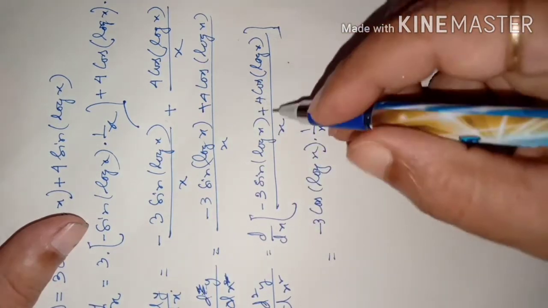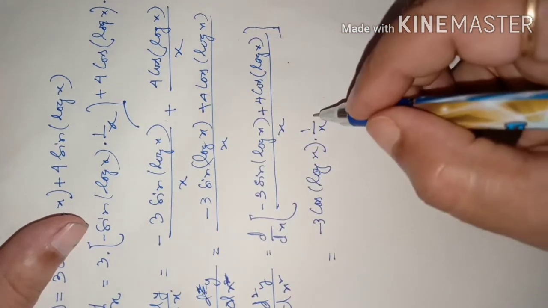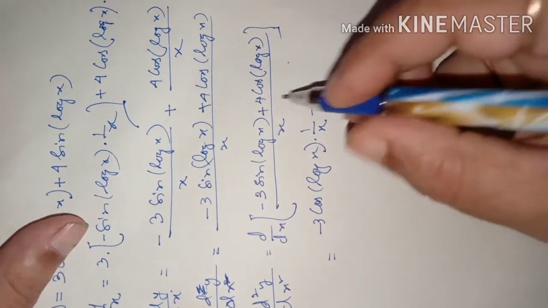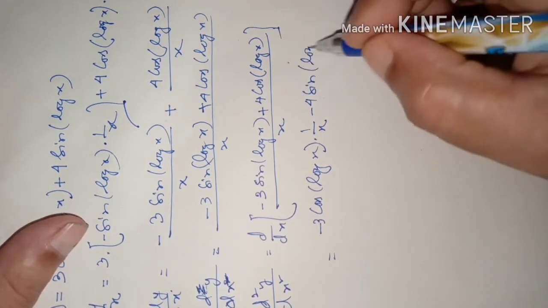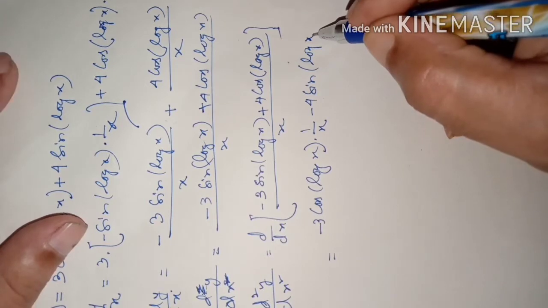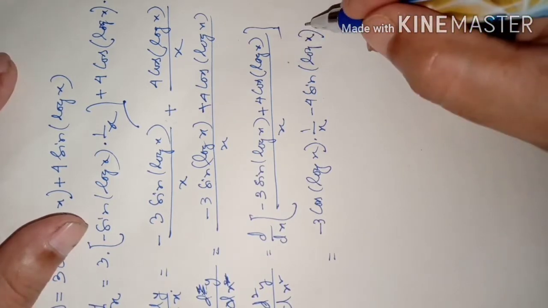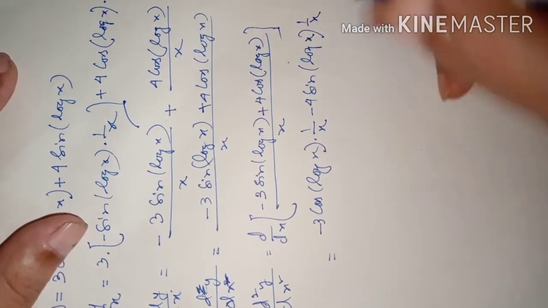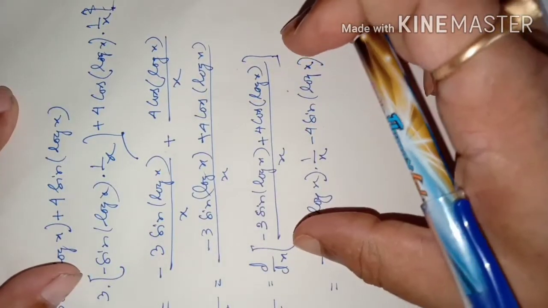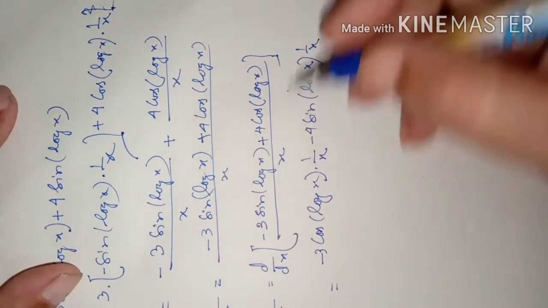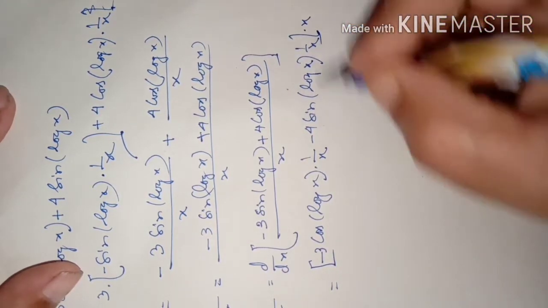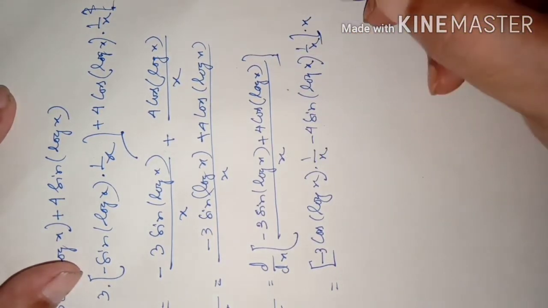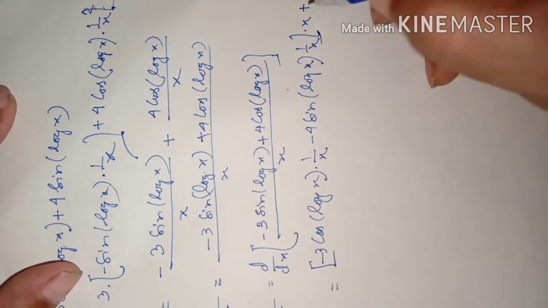Then again plus, this will become minus again, minus 4 sin log x, and log x its derivative is 1 by x. So this is u dash. Now u dash v, v means x. For this whole thing we need to multiply x here. u dash v plus v dash u. v dash means d/dx of x, d/dx of x is 1.